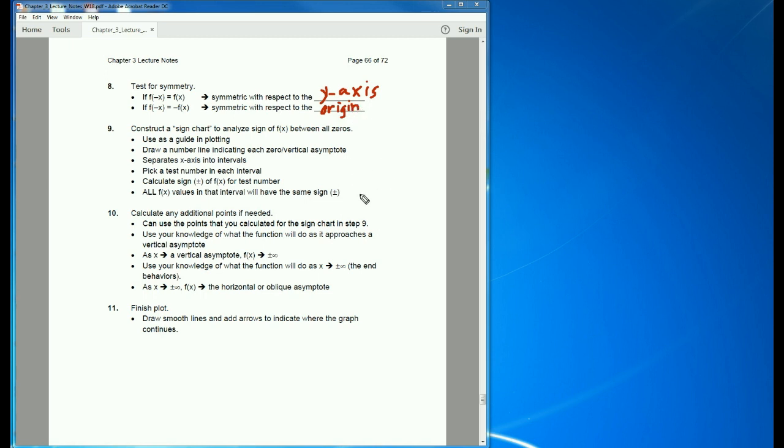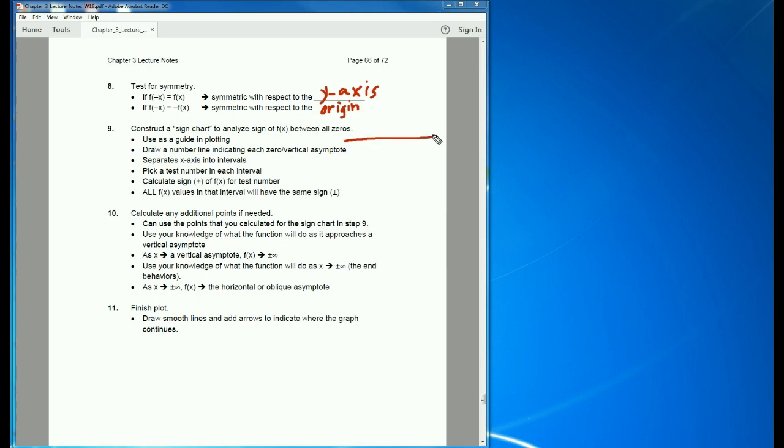Also, if you want, again, not absolutely necessary, but you can make a sign chart to analyze the sign of the function between the zeros. And then you can just use this as a guide in plotting. This is kind of like what we did back in chapter 2 for polynomial inequalities or rational inequalities.